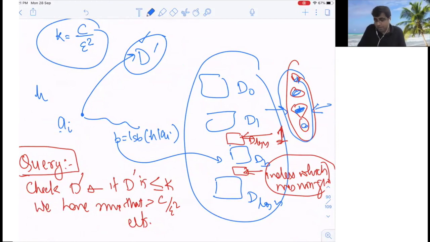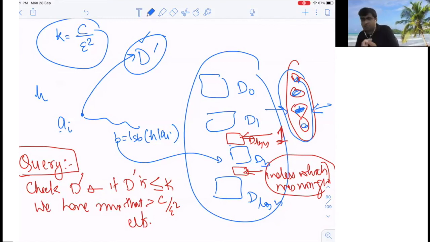Does D1 contain K elements or not? In every stream, each data structure will try to save K distinct elements. And our belief is that for the highest data structure, we have chosen K in such a way that all the elements with least significant bit being that R star, we are able to store, because the threshold K is large enough that whatever the variance could be, we are able to tolerate it.